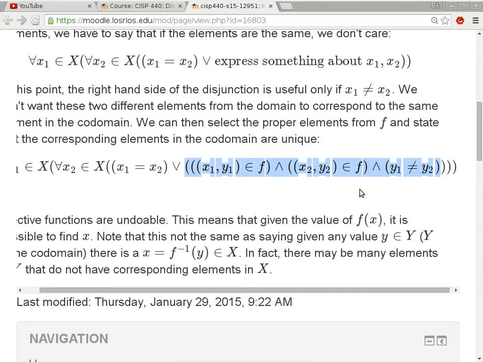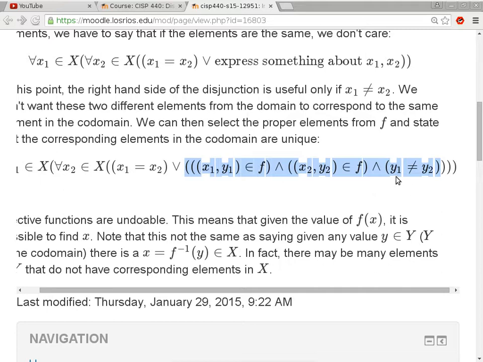The second portion, which is here, is doing about the same thing to x2. It's basically saying f of x2 is y2. Well, that part is nothing surprising to us because f is a function after all. It has to map everything from the domain to something in the codomain. So what I really need to say is how y1 and y2 should relate.